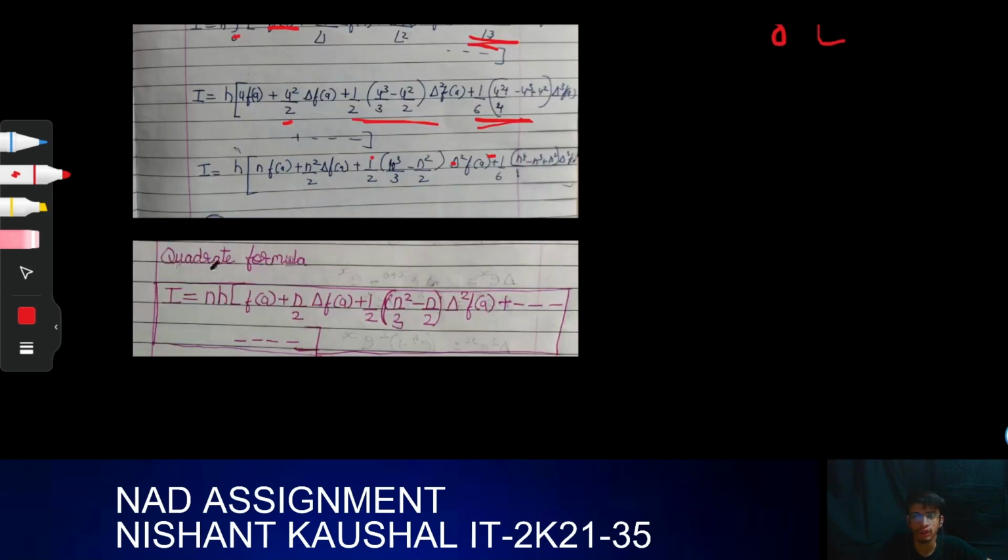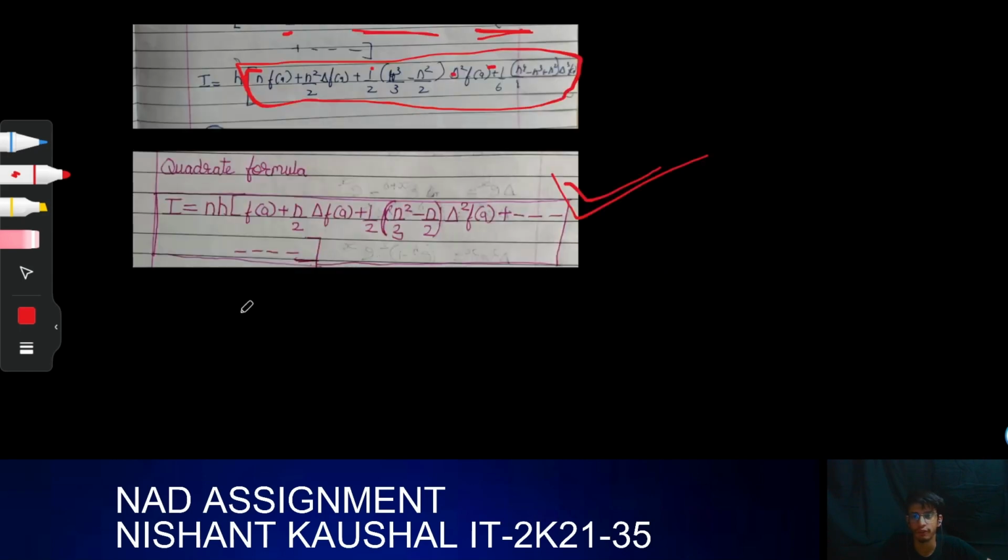So this is the quadratic Legendre formula; from these we can take n common. So our final formula will look like this. That is I equals nh f(a) plus n upon 2 del f(a) plus 1 by 2 (n square upon 3 minus n by 2) del square f(a), and so on.